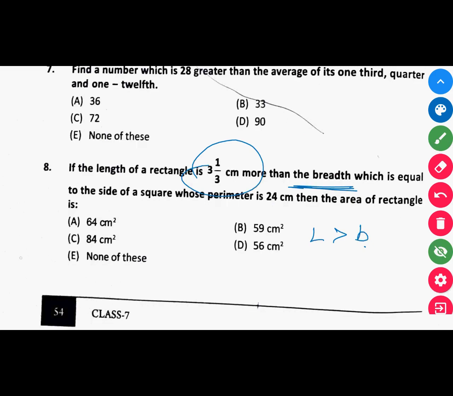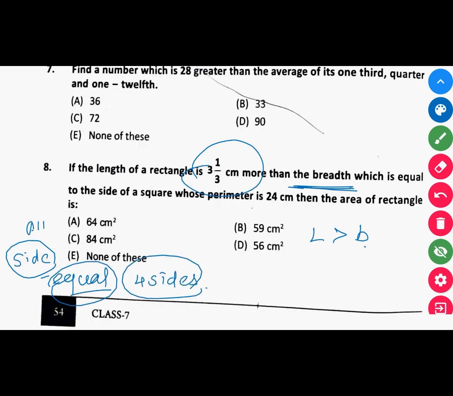Now we know that the side of the square, all sides are equal, and it has 4 sides. If the perimeter is 24, the side of the square will be 6 centimeter. Divide 24 by 4, you get the side of the square, which is equal to the breadth of the rectangle.